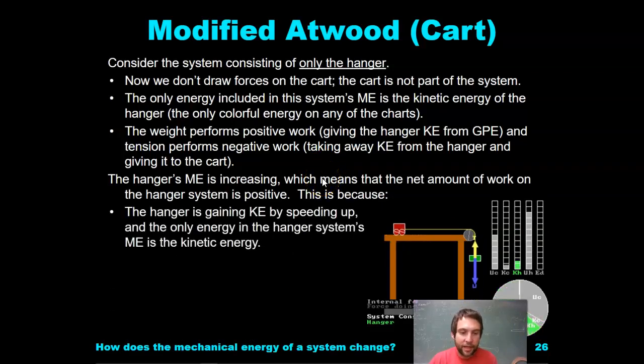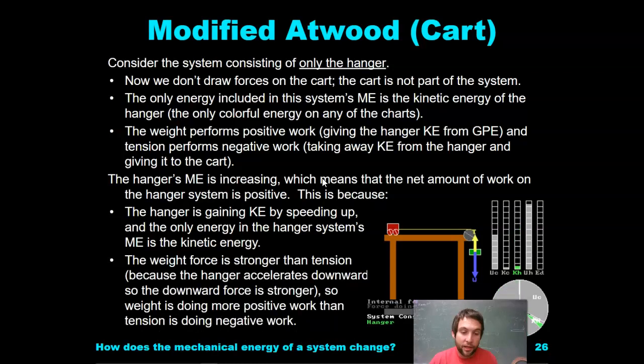This is because the hanger is gaining kinetic energy by speeding up, and the only energy in the hanger system is kinetic energy. And the weight force is stronger than tension, so it's going to accelerate downward, so the weight is doing more positive work than tension is doing negative work. So the weight force is adding energy to the hanger-only system, and tension is stealing energy from the hanger-only system.